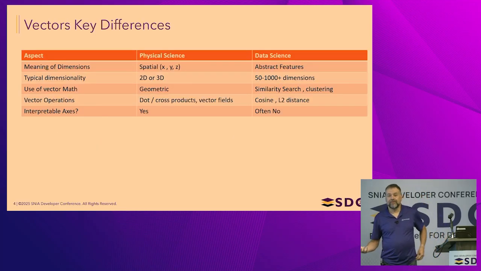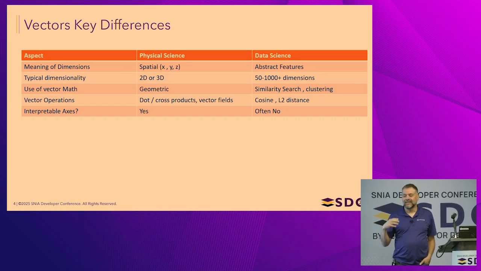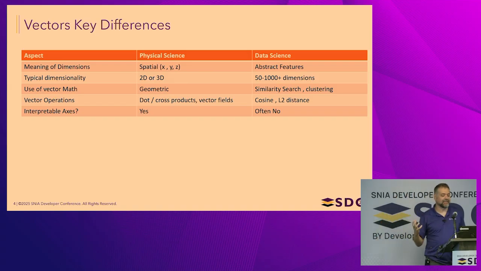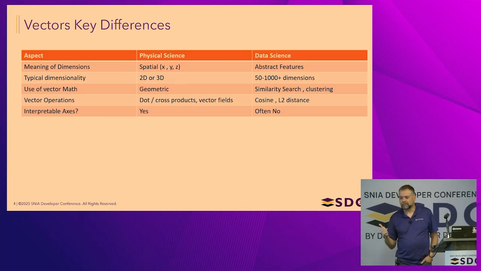Talking about vectors, sometimes we understand vectors from our physical science, right? X, Y, Z, how to do arithmetic, normally spatial 2D, 3D. But with vector databases in data science, they are very abstract, and could be thousands of dimensions and points.